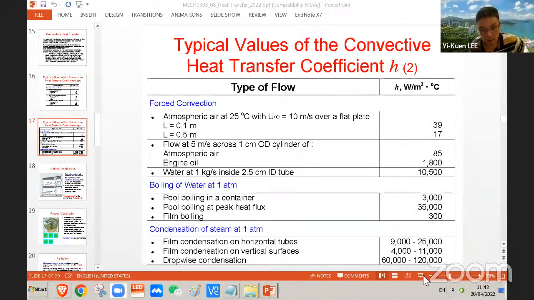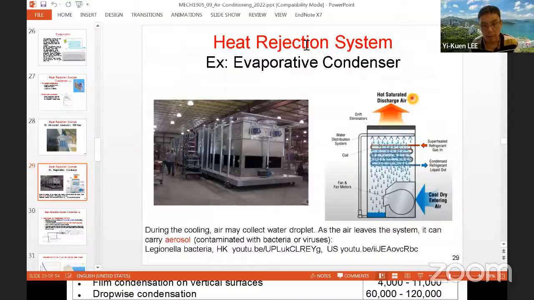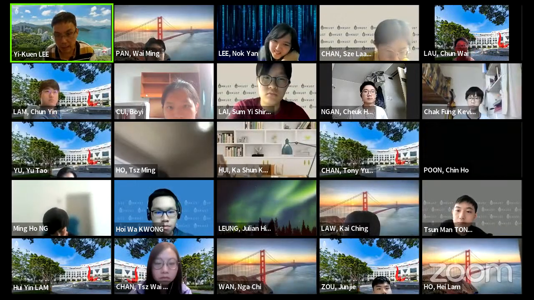You have this droplet-wise condensation, and your h heat convection coefficient will be much larger than single phase forced convection. This clearly shows the big difference between these two designs. Do you have any other questions?